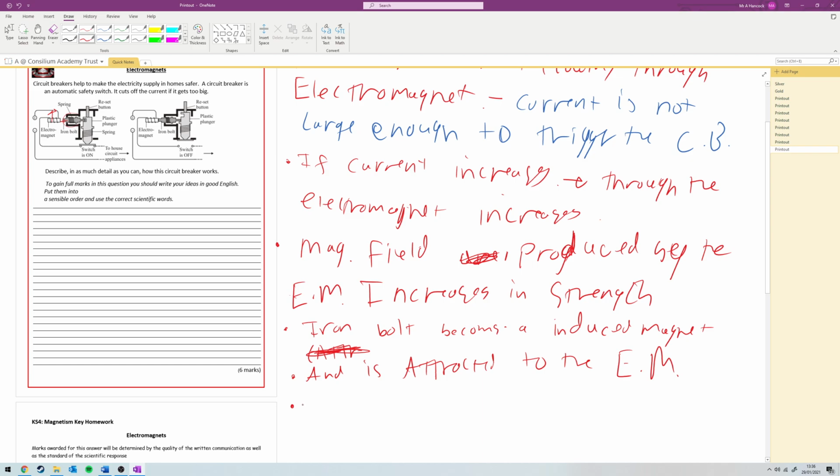Right, because the force is now larger, we've said before, this increases in strength. Because of that, the iron bolt moves left. Or you could say the iron bolt moves towards the electromagnet.